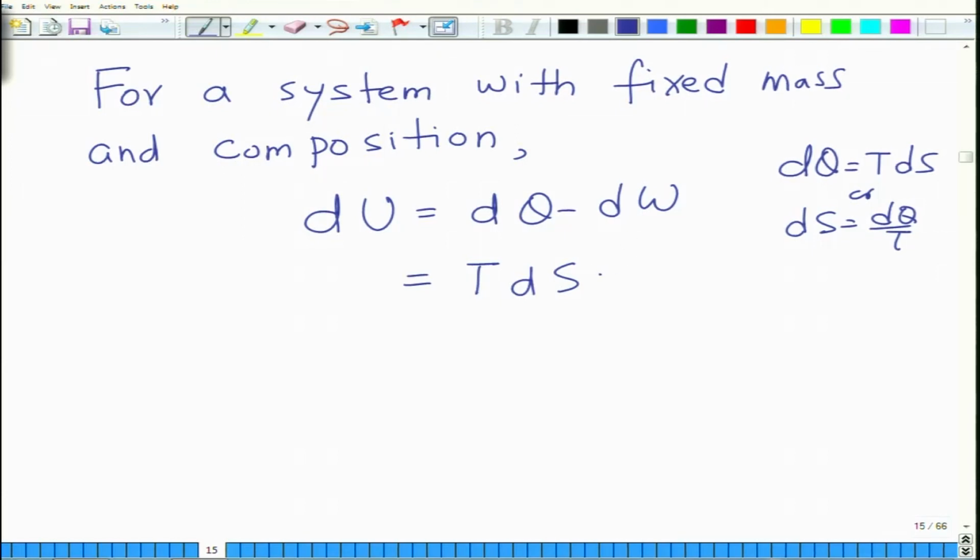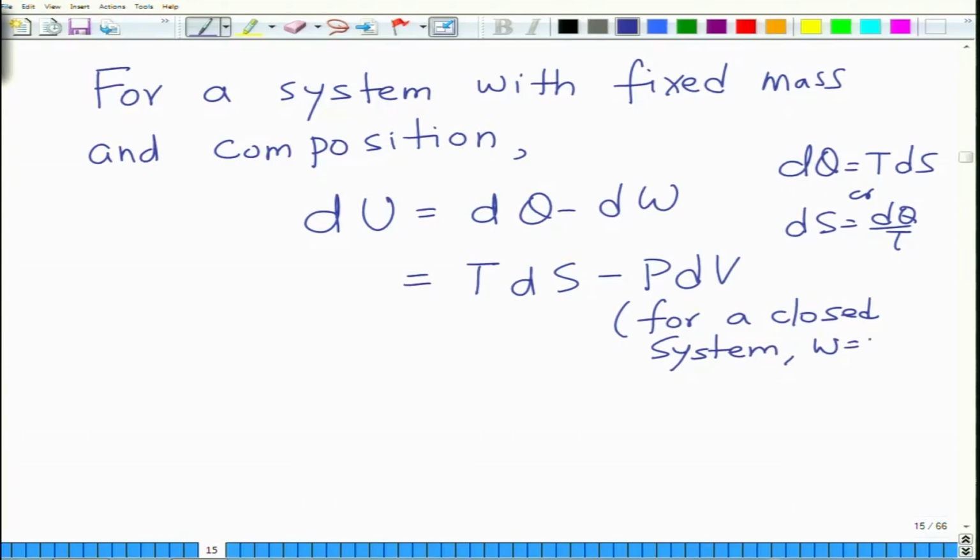So, TdS minus PdV, and we take this dw is equal to PdV for a closed system.